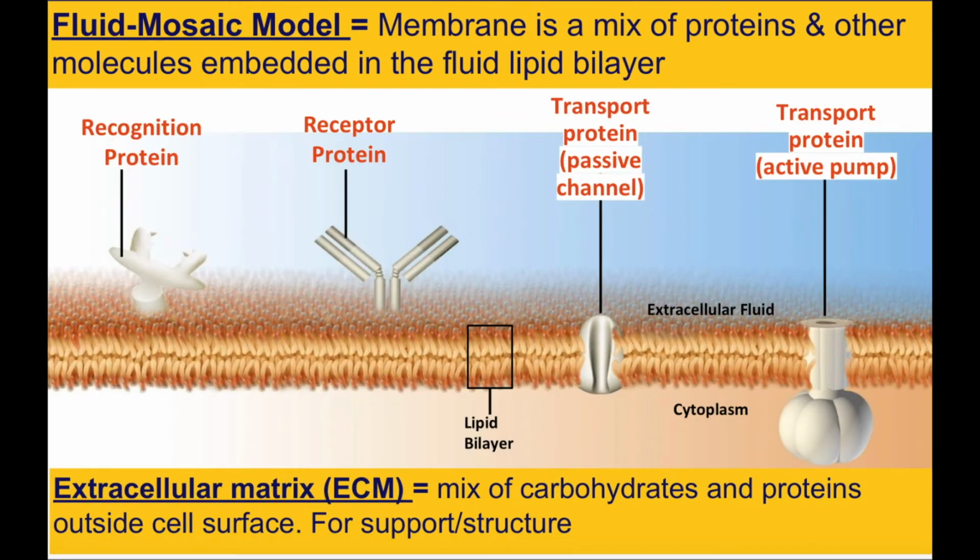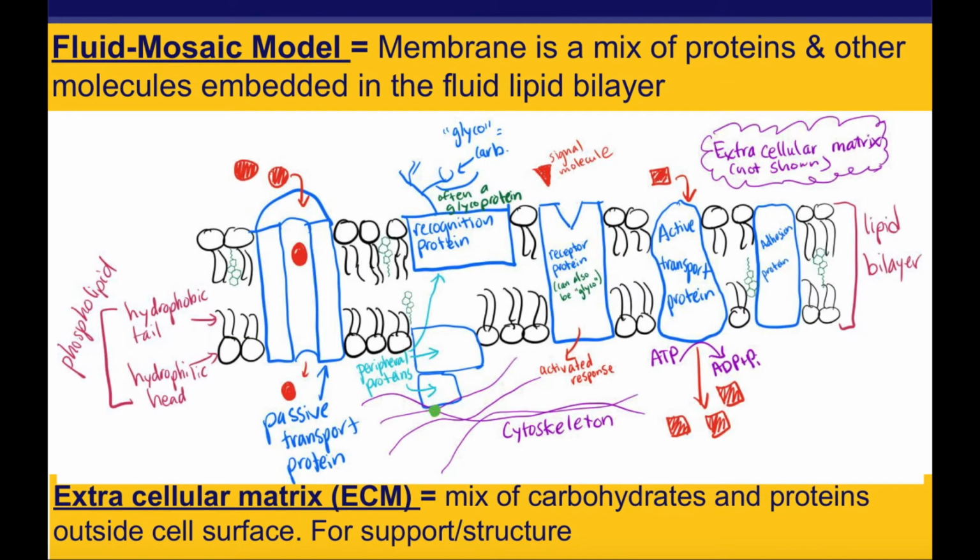Okay, so some examples of the proteins that might be found in the membrane can be seen in the image in your textbook, and there's different kinds of proteins. We'll talk about transport proteins, receptor proteins, recognition proteins, and all that in the notes. This is a picture I really like. I've drawn this for my students on the whiteboard in the past. I do recommend that you possibly take a screenshot of this and maybe even draw it out.